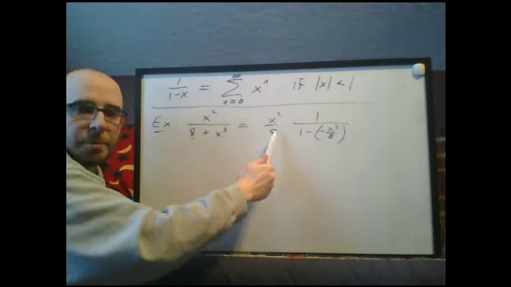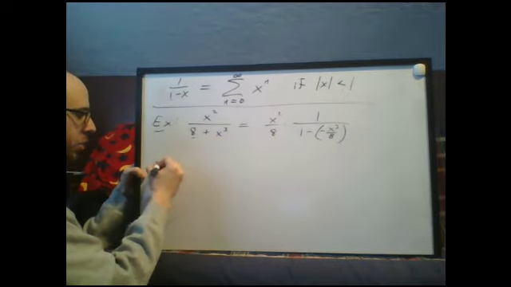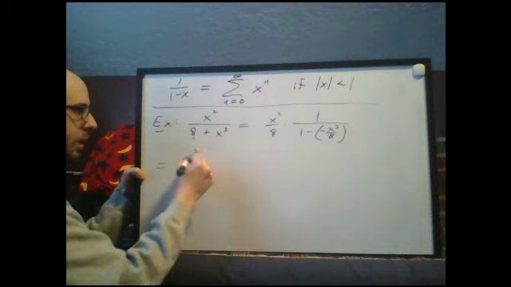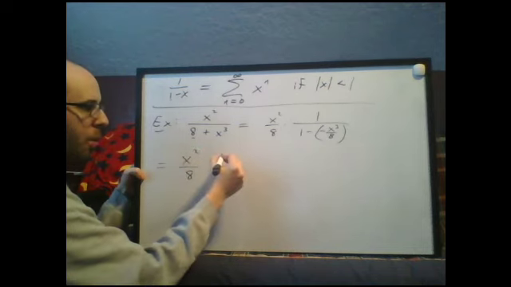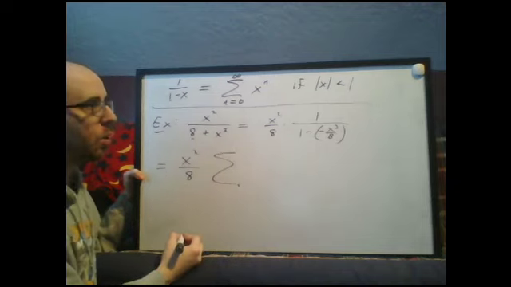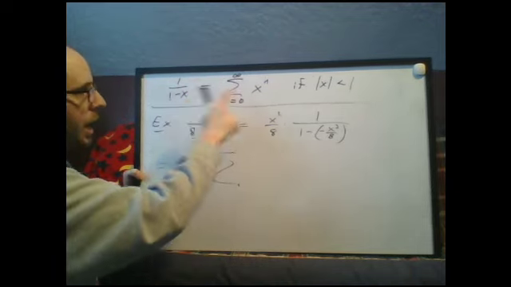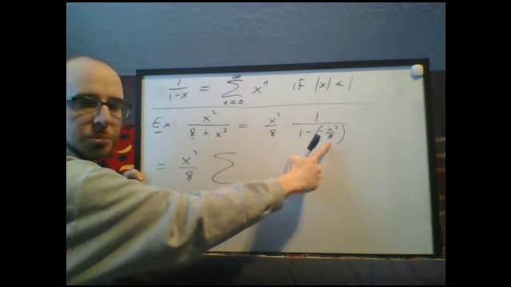You just leave it separate. We'll worry about it in just a second. Okay, so what I need to do then is keep the x squared over 8, but now we're going to replace that second fraction with a power series given by replacing x with negative x cubed over 8.